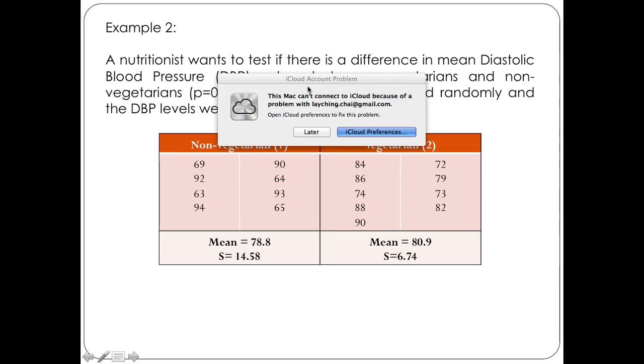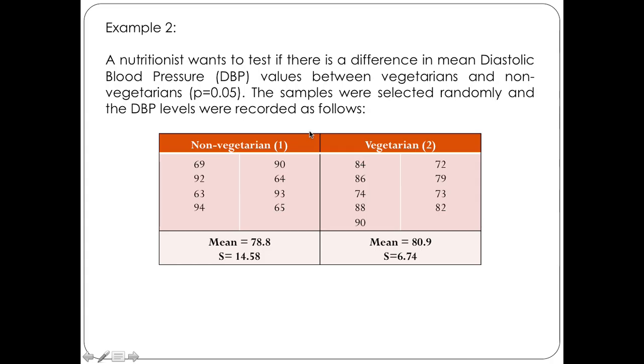So what is the null hypothesis? Because it is non-directional, the null hypothesis will always be equal. It will be the same. There's no difference. So the DBP value of non-vegetarians will be the same as the DBP of vegetarians.